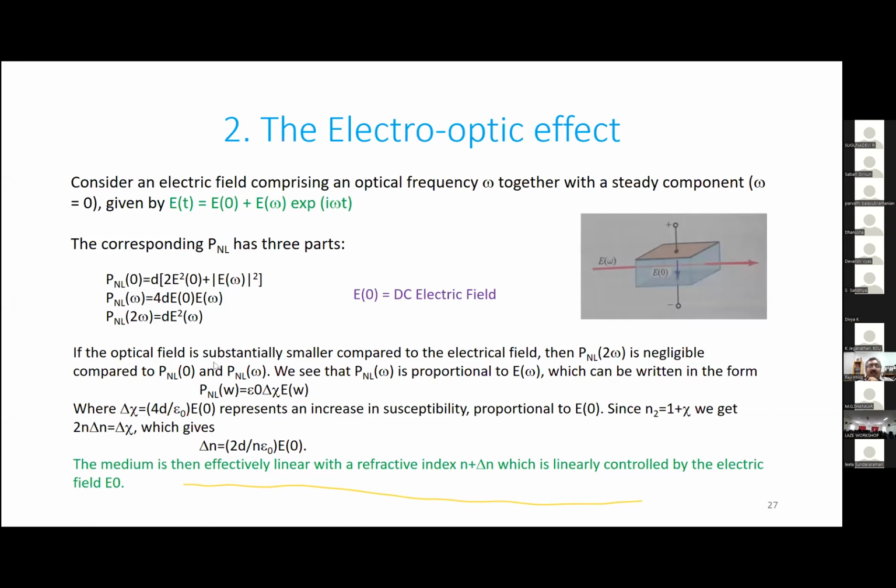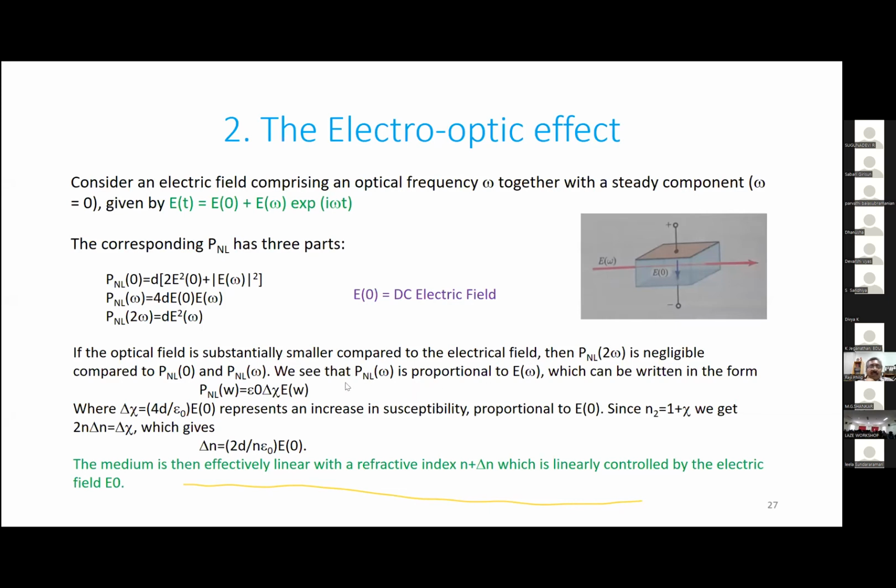If the optical field is substantially smaller compared to the electrical field, then PNL at 2 omega is negligible compared to PNL at 0 and PNL at omega. So we can ignore it, because this is the case in most situations.